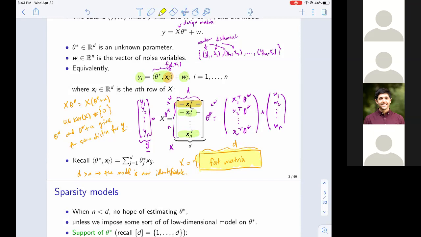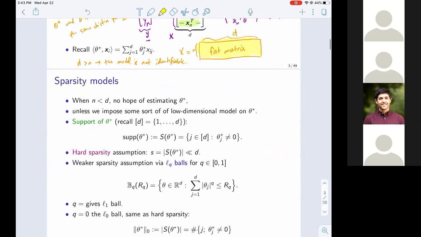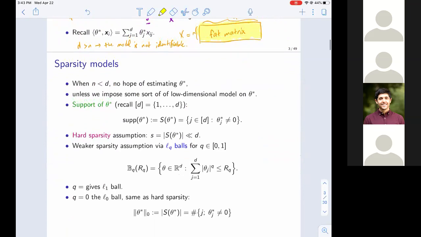Okay, so now what we can do here is put some more assumptions on theta. I can try to add an assumption on theta such that it makes it identifiable, and the usual assumption in high-dimensional statistics, which has been and is still quite relevant, is this assumption of sparsity.